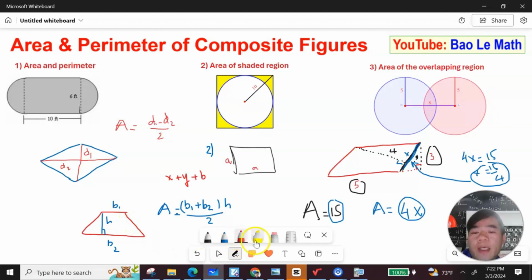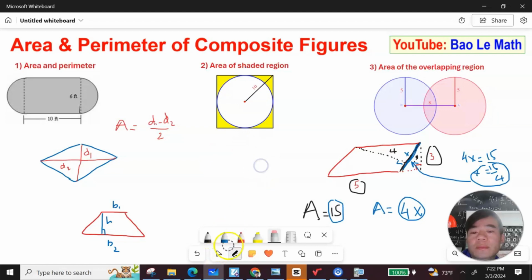Now, next one, I'm going to talk about a kite. So the kite is going to be like this. The longer diagonal will be a perpendicular bisector of the shorter diagonal.